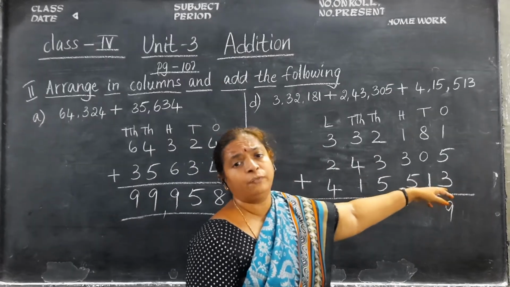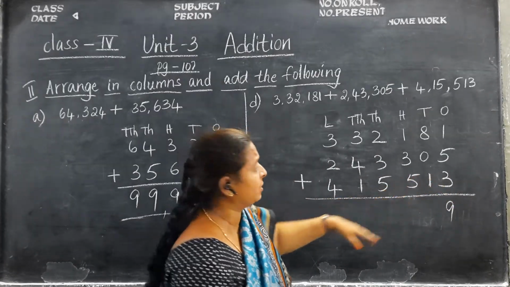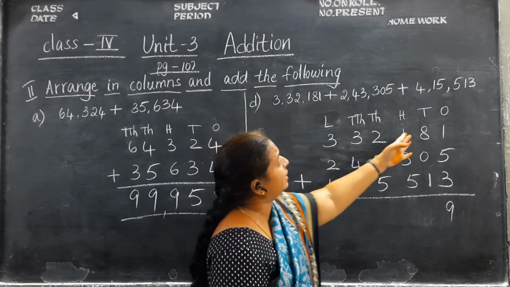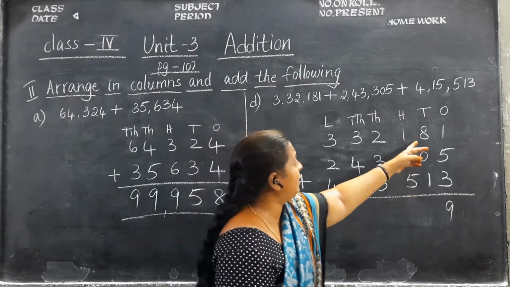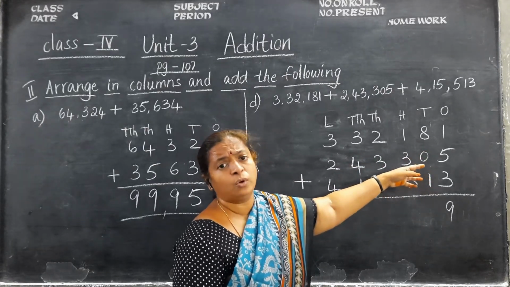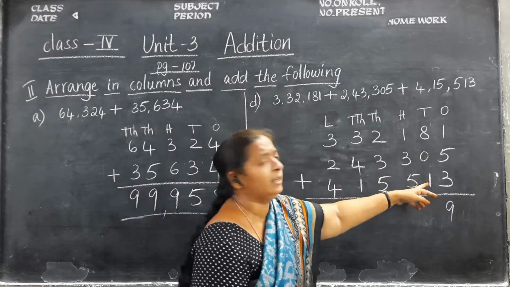Then next, tens column: 8 plus 0 plus 1. 0 has no value. So 8 plus 1, 9.